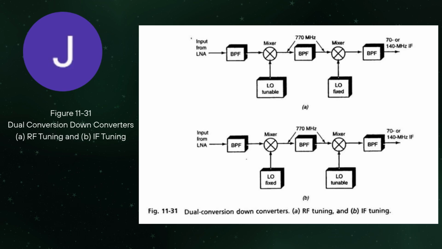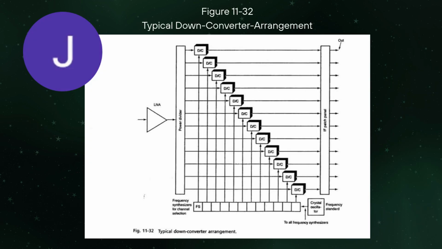Next is the dual conversion down converter block diagram, which has the RF tuning and the IF tuning. The RF tuning is the radio frequency tuning and the IF tuning is the intermediate frequency tuning. And then the typical down converter arrangement, it's only the arrangement of the down converter from the LNA, the other parts, the DC, into the crystal oscillator to the IF panel.